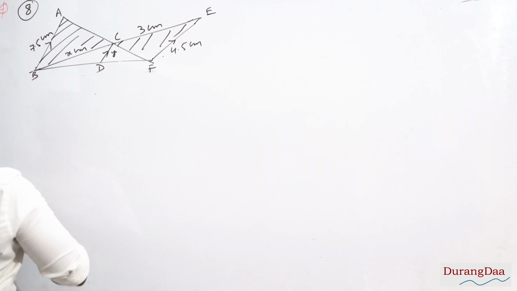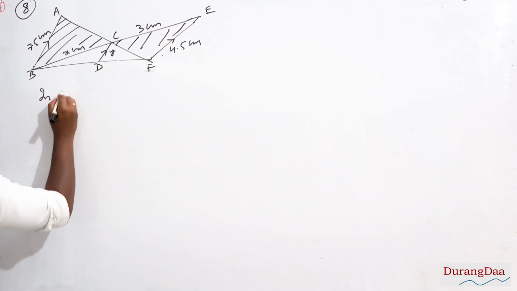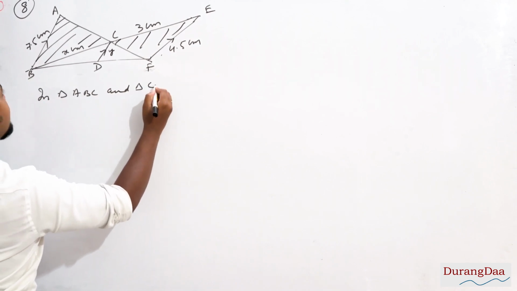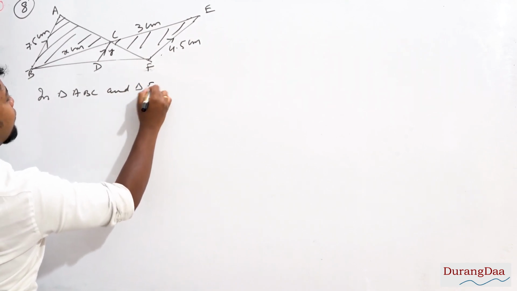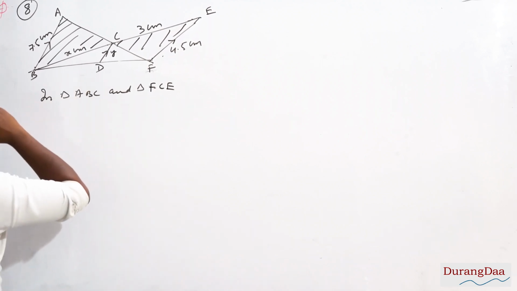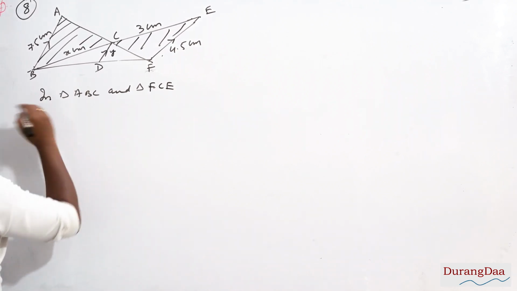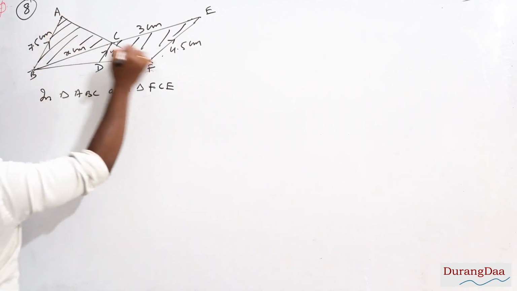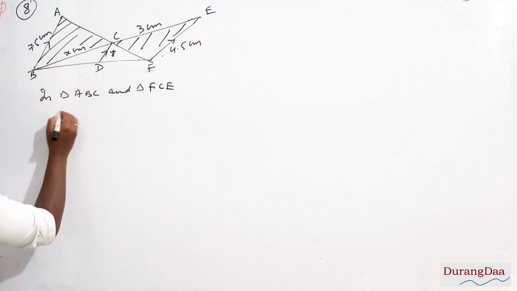Now look how to start. In triangle ABC and triangle FCE, firstly I will just show, it is important to show AB parallel to FE. How to do that?